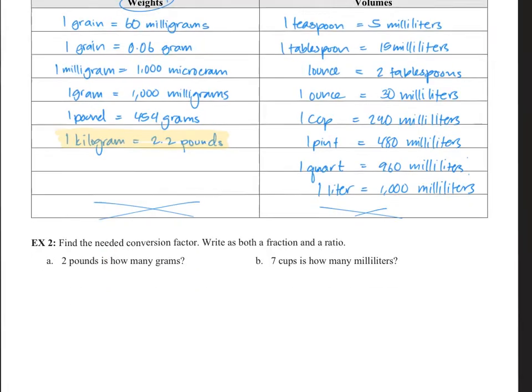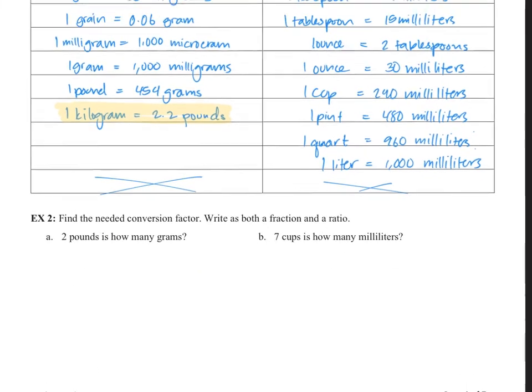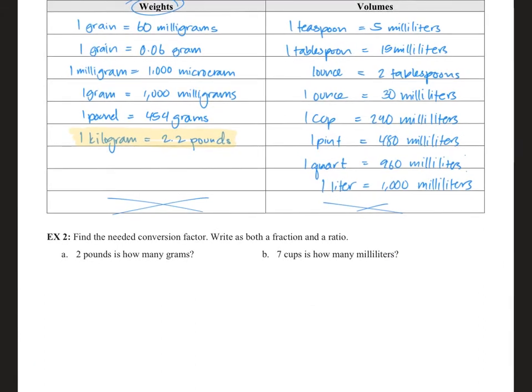All right, so we just need to find the conversion factor for example 2. We're going to use our chart above. If I was trying to figure out going from pounds to grams, which conversion factor would I use? Look for pounds. Pounds to grams. Aha, I have found it. I would use that conversion factor. So I'll go ahead and write that down.